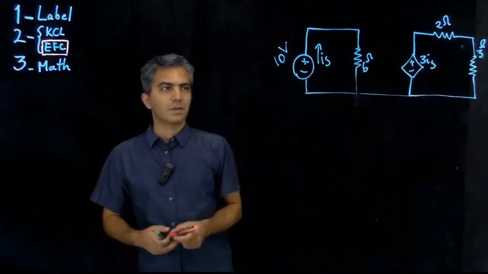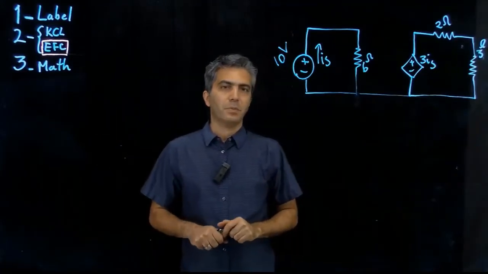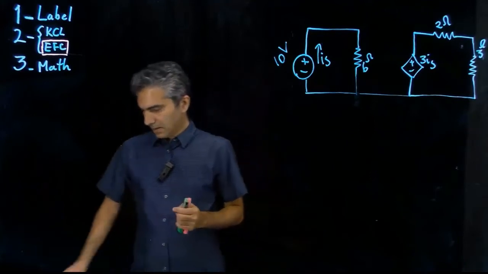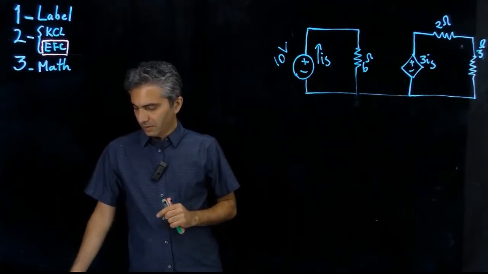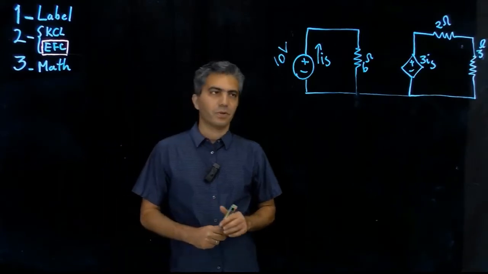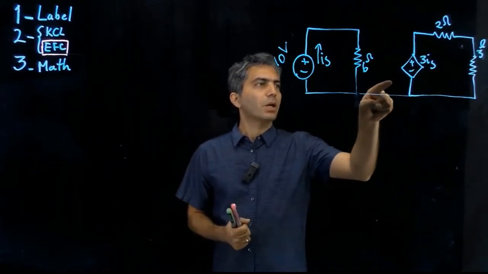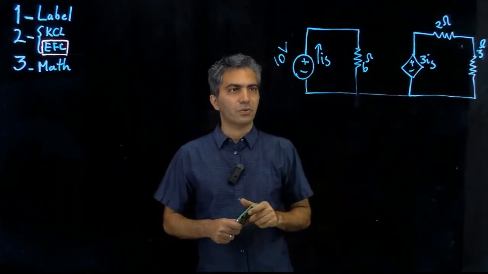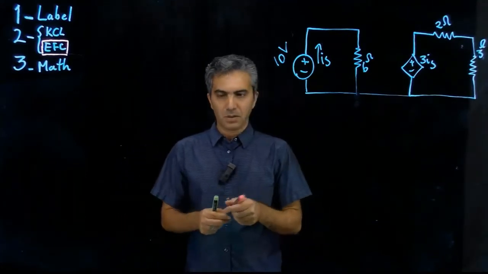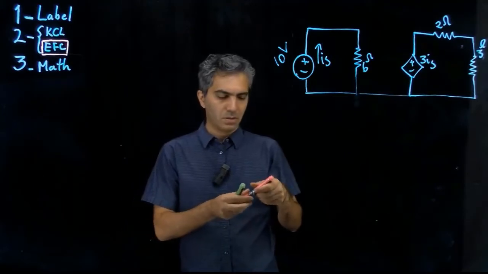Okay, so this is the next circuit that we're going to practice our skills on. This is example 2.11 from the 11th edition of the book, page 46. In this one, we actually have a dependent voltage source. We're going to see that there's nothing different about this one in terms of approach.